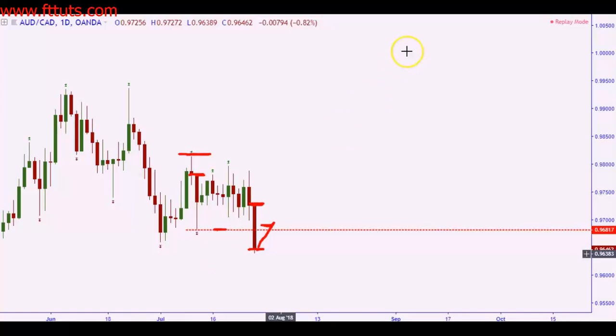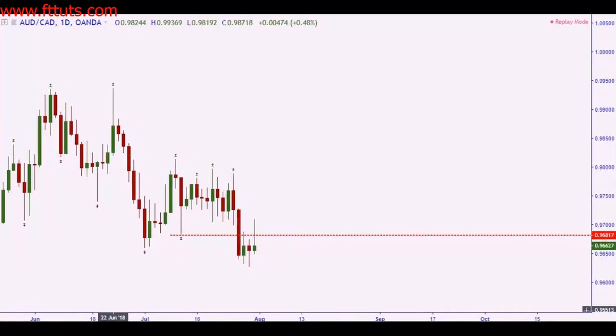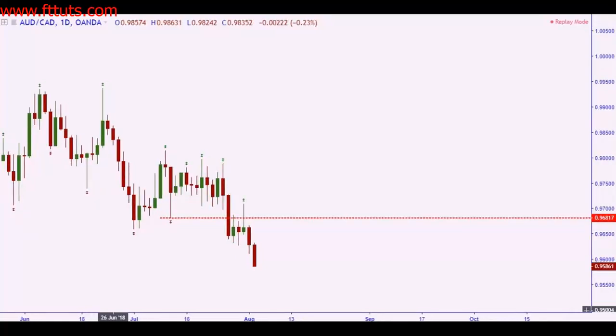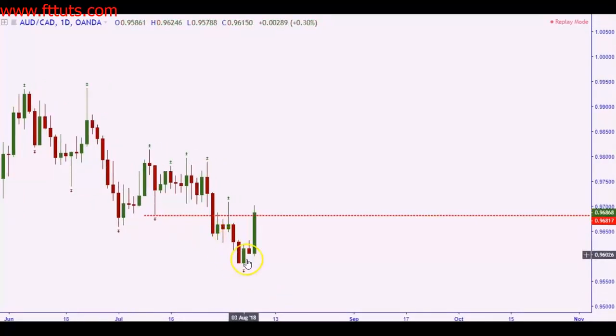So let's continue here. The market made a new fractal here.